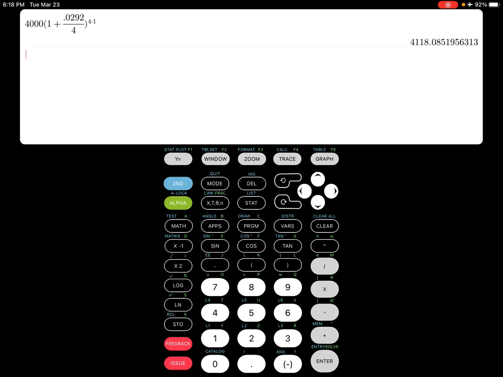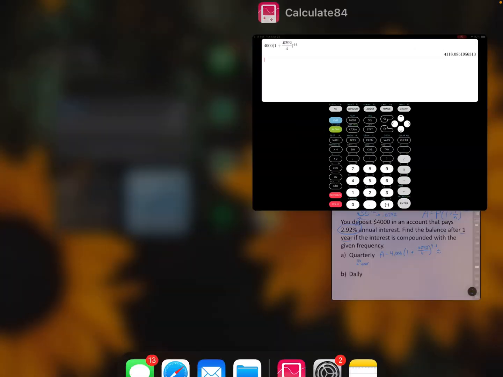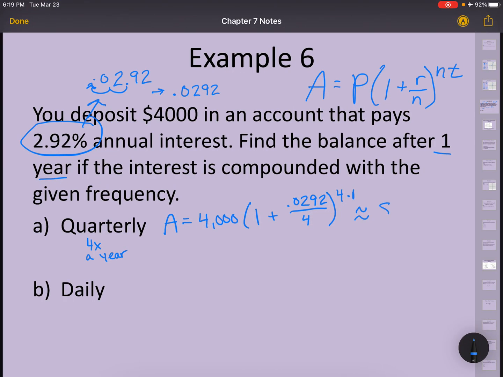Okay, so we're dealing with money, so we're going to round to the nearest hundredth because we need some cents. So that 5 makes the 8 go to a 9. So $4,118.09. Make sure you label it with money because, again, we don't know what we're talking about unless we label what we're given.